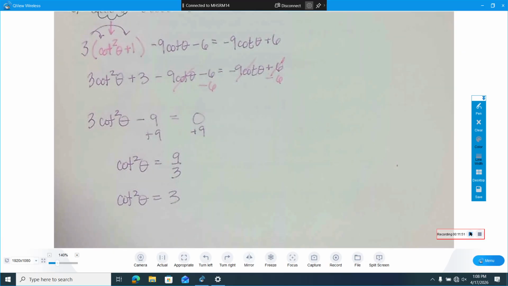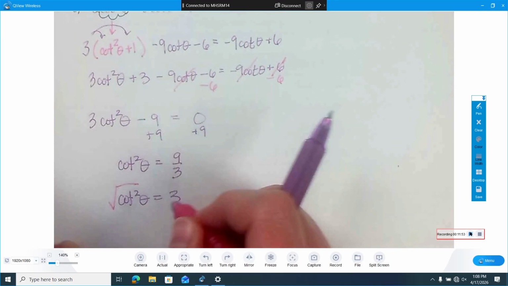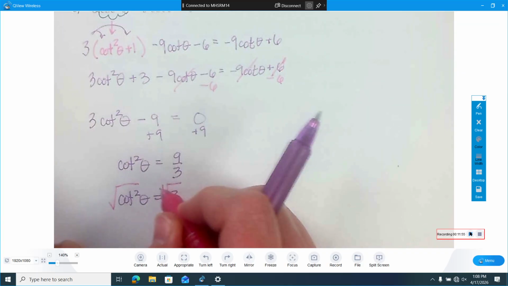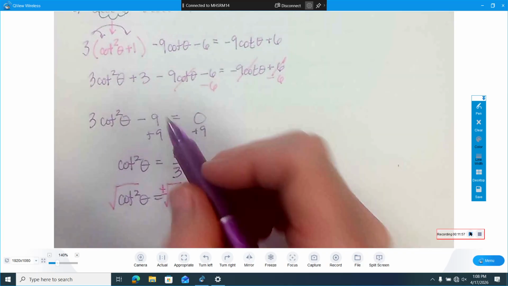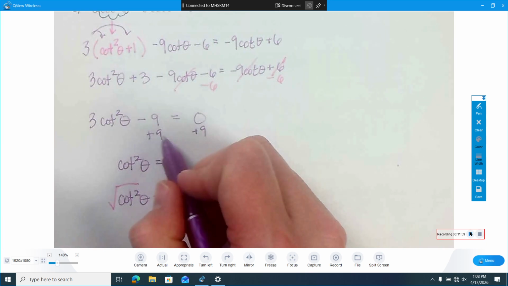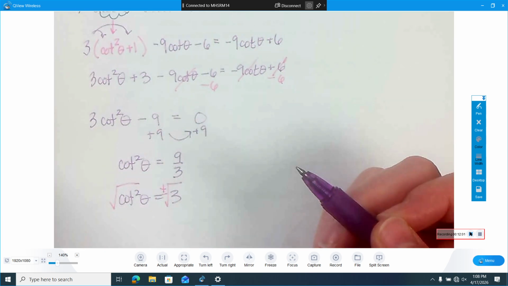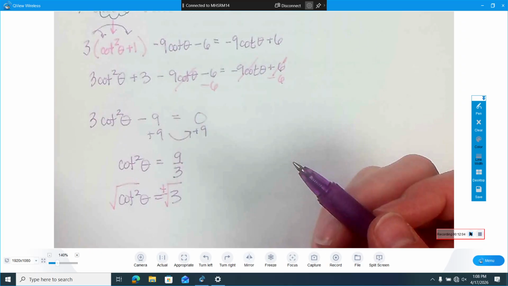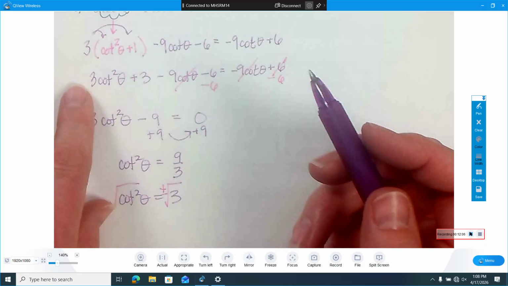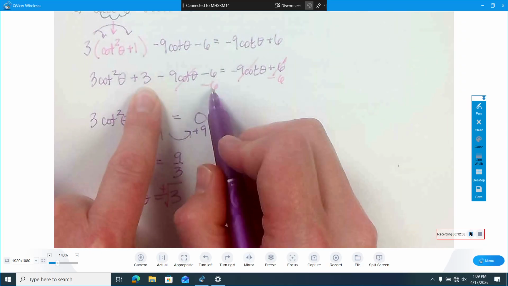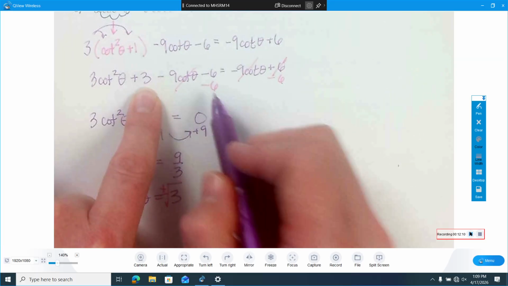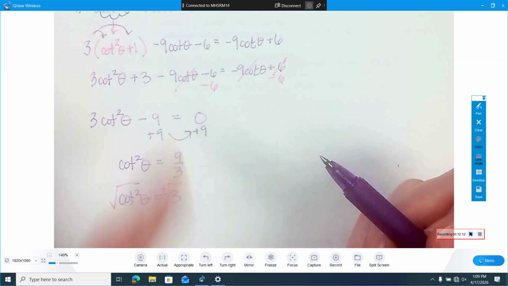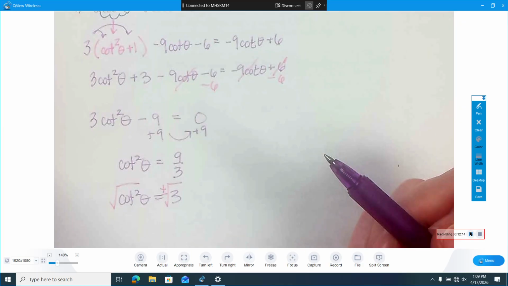And square root both sides. It was a minus sign, so I added it to the other side. The 12 minus 3. The two 6s, negative 12. Got it? Okay.